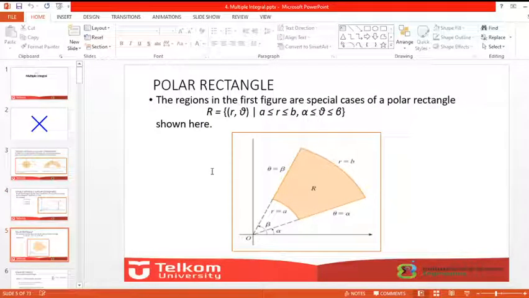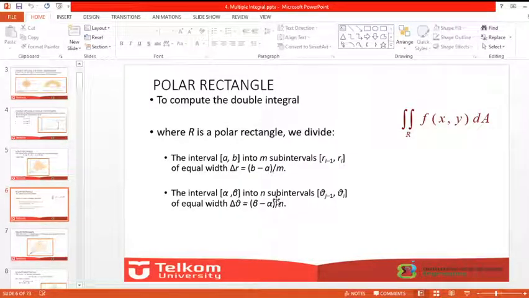So this should be the definition of polar coordinates. If I have this region, then r is from a until b, and the angle is from alpha until beta. So this is the region of the polar coordinates.